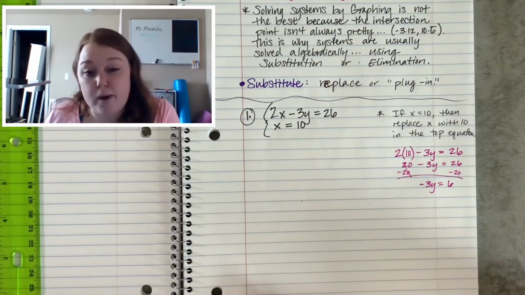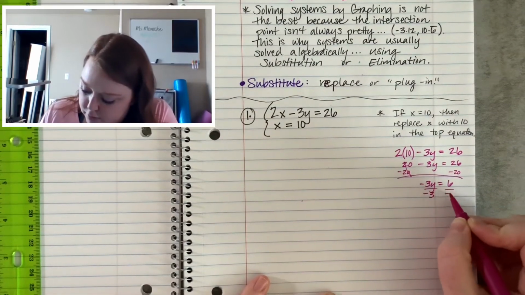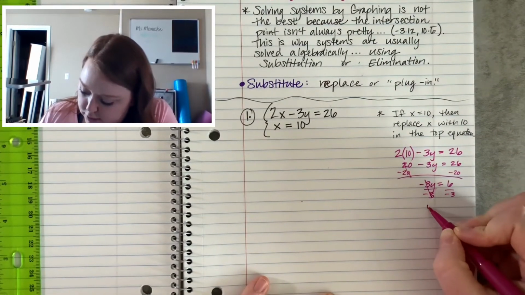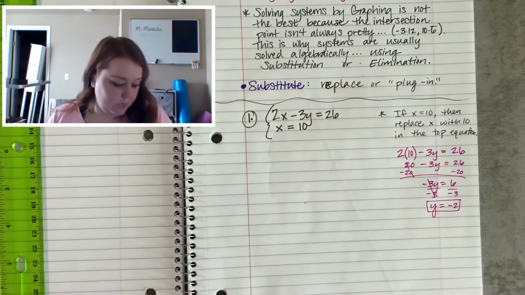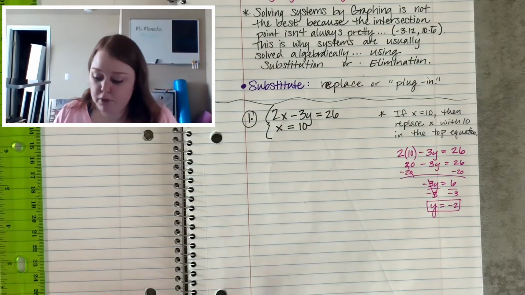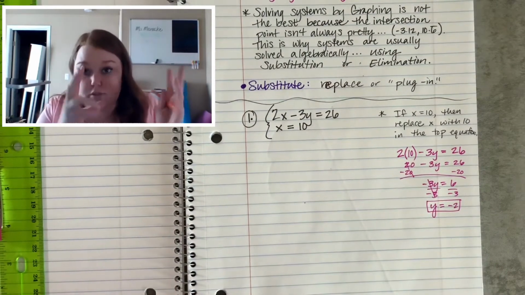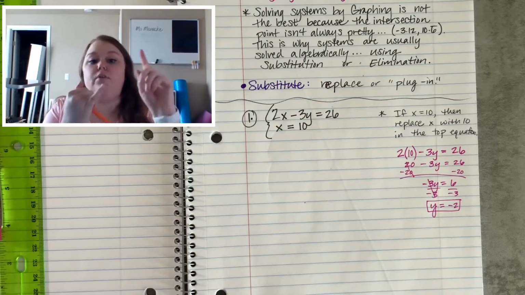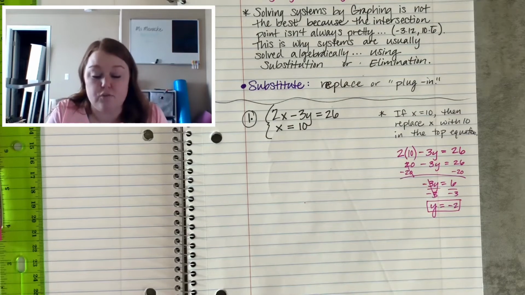And then how do I get y by itself? Just divide by whatever's attached to it. Got to divide by negative 3 on both sides, and we get y equals negative 2. Okay, so here's what you need to find. In order to solve a system, you need to know the x, y ordered pair. You need to know the value of x, the value of y, and how we list it is as an ordered pair.